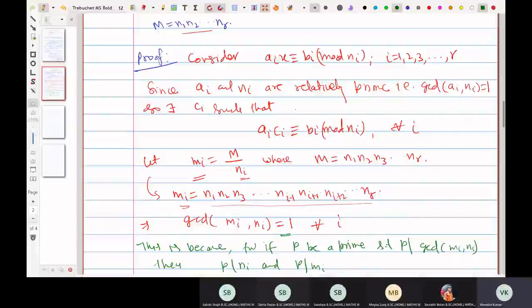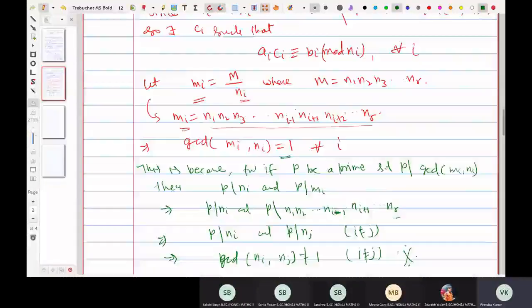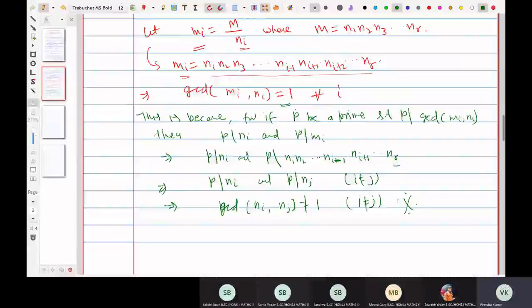We have assumed a_i c_i is congruent to b_i modulo n_i, and then we constructed small m_i equal to capital M divided by n_i. And then we claim that m_i so constructed and n_i are relatively prime for each i. So until now we have done this.